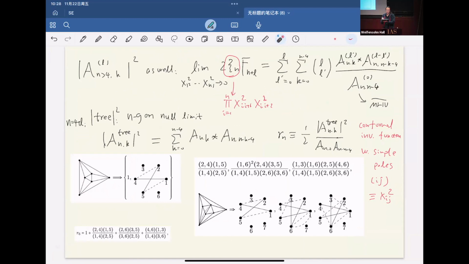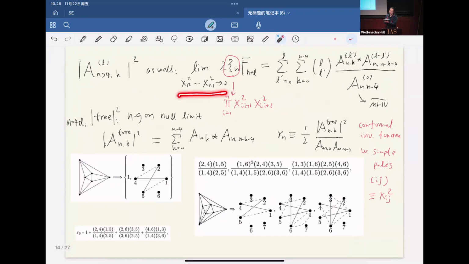For higher point amplitude, all you need to do is to take the light-like limit of n more and more points, right? So for 5 particles, you just take a pentagon light-like limit, all possible pentagon light-like limits. This will give you amplitude square that's even more interesting. The amplitude square now not only sums over different loop levels, it also needs to sum over helicity sectors. Remember that the amplitude is parameterized by not only the number of particles and number of loops, but also this k, which is helicities.